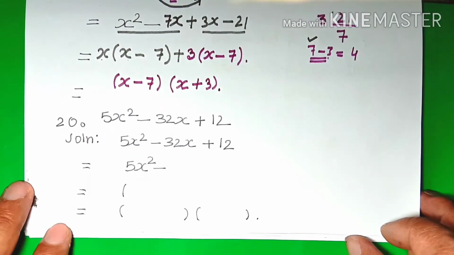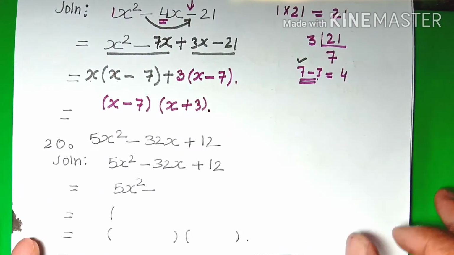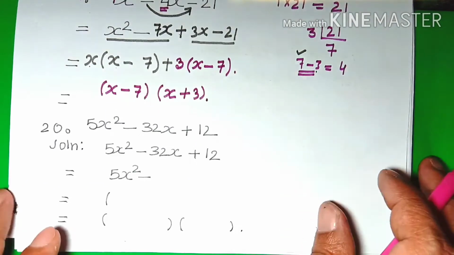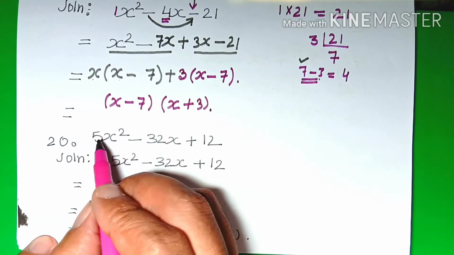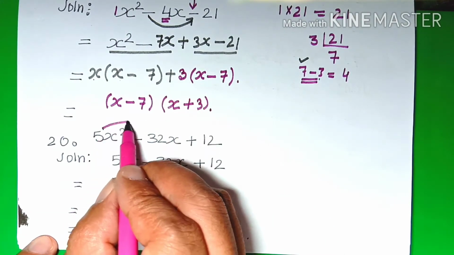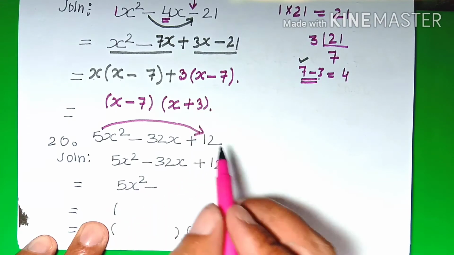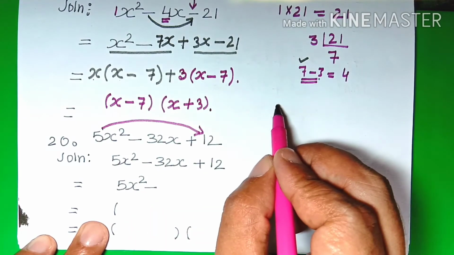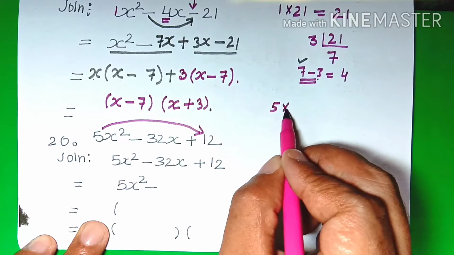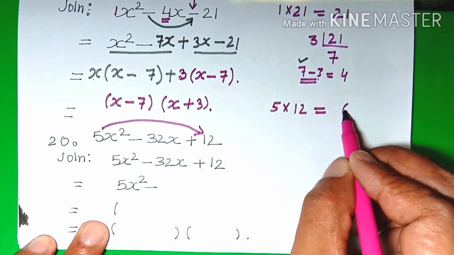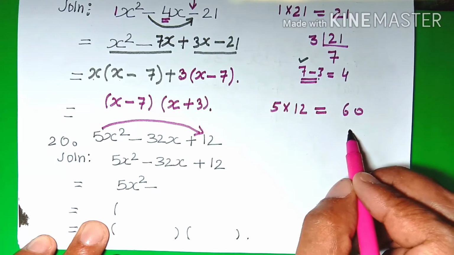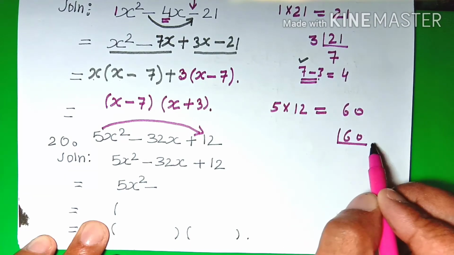The next one here. Now the first step here, like we did on the previous step, take the product of the extreme value. We can see here the value, that is 5 into, that is 12. 5 into 12 equals to 60. Now we can factorize 60 by any table.